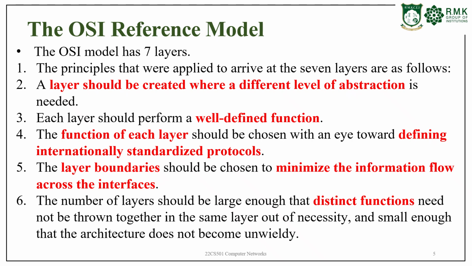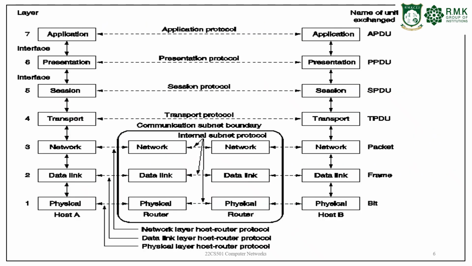Each layer should have its own boundaries. Layer boundaries are important mainly to minimize the information flow across the interfaces. As I have already told, each layer will perform its own functionality, so they perform distinct functions.